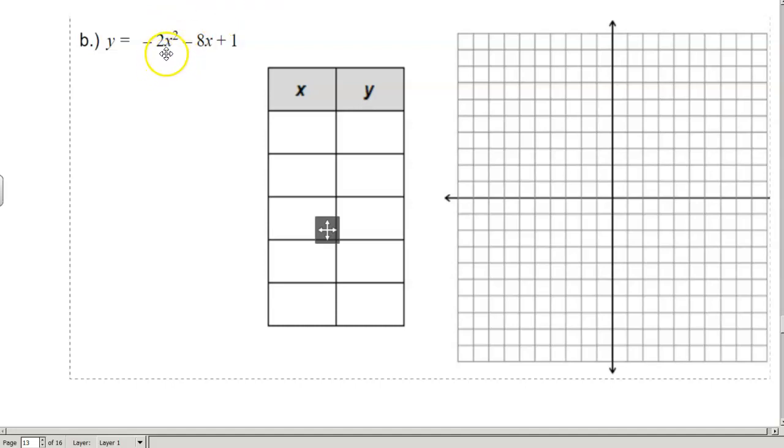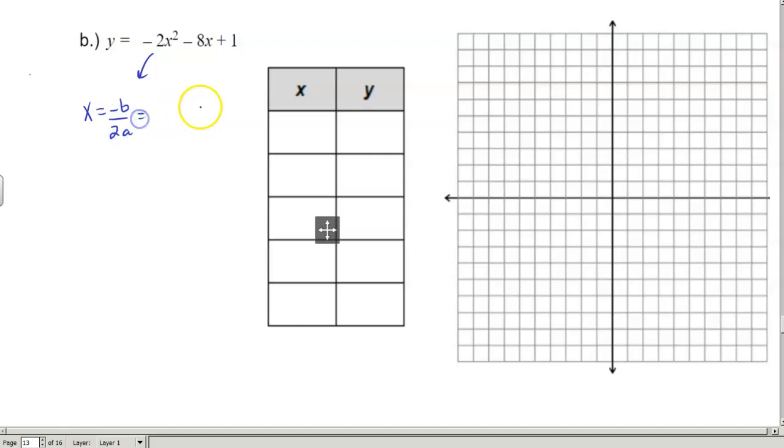First thing is, as always, you're going to find the axis of symmetry, or -b over 2a, which in this case, -b is going to be +8 divided by 2a. That'd be 2 times -2, which is going to be 8 over -4, which is going to be -2.